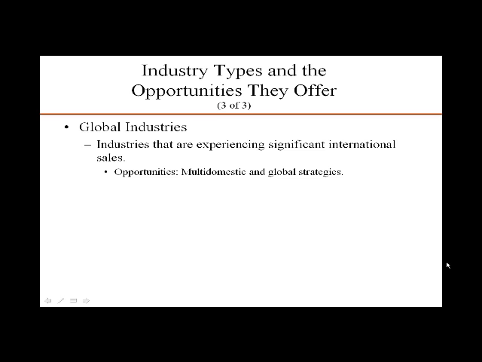Craft items, hobby items, typically are niche markets that are global in nature. People will buy kits to make model airplanes, model trains, things like that, and they're not all necessarily in the United States. There's a global market for this kind of thing. And again, you have to look at strategies for that.